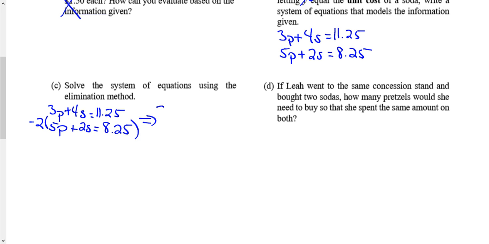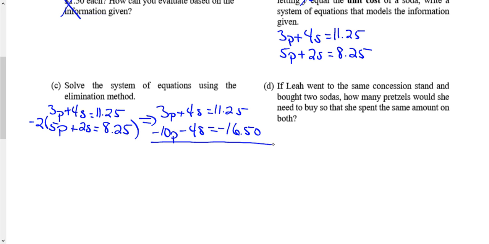Bring the top one over. 3P plus 4S equals 11.25. And what do we get on the bottom? -10P minus 4S equals -16.50. So now, why don't you guys just go ahead and add these up? So the S terms go away.